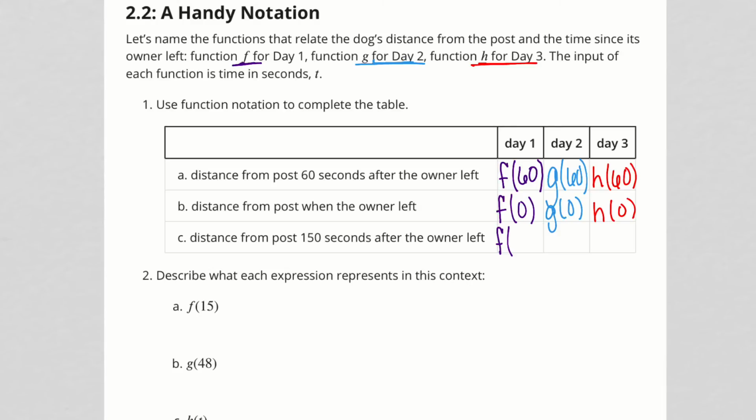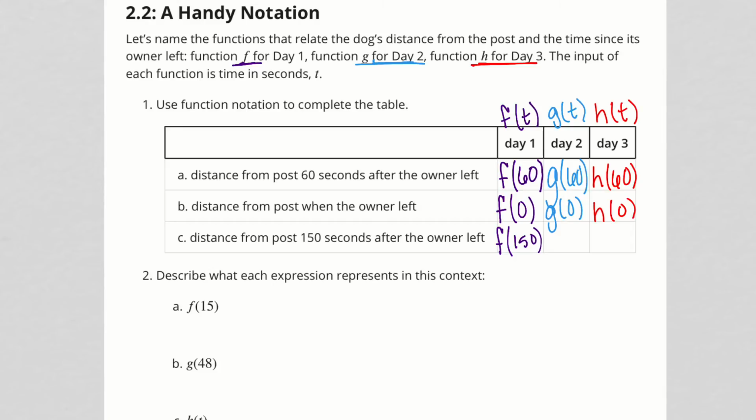Distance? No. The distance is what we get whenever we plug in the time. So the time is what's going in the center. So we're going to say 150 here. What we're doing here is saying f of t, g of t, and h of t.